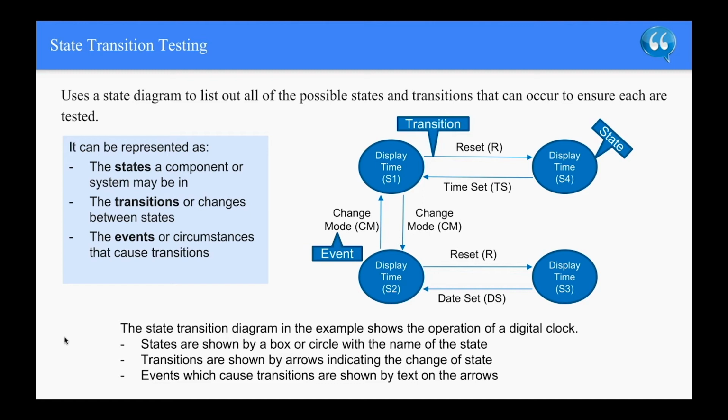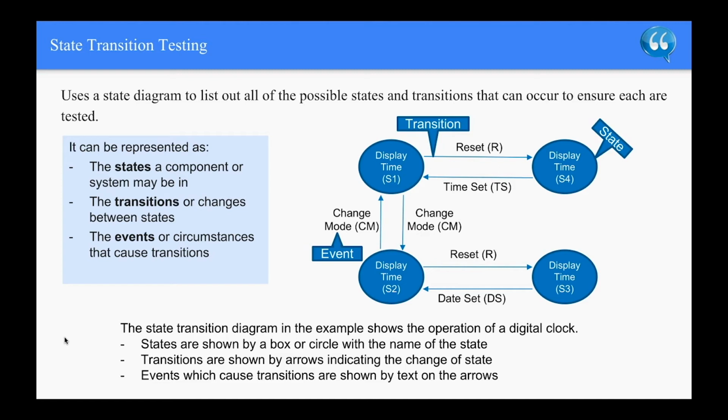State transition testing is a test design technique in which test cases are designed to execute valid and invalid state transitions by creating a state table showing the resulting transitions for each state combined with each possible event, showing both valid and invalid transitions. So the state transition diagram shown is the operation of a digital clock.